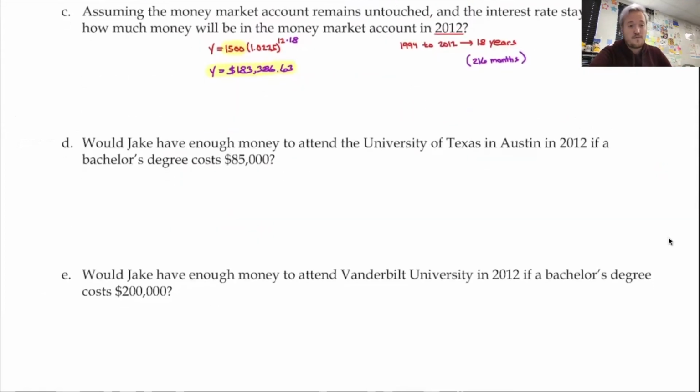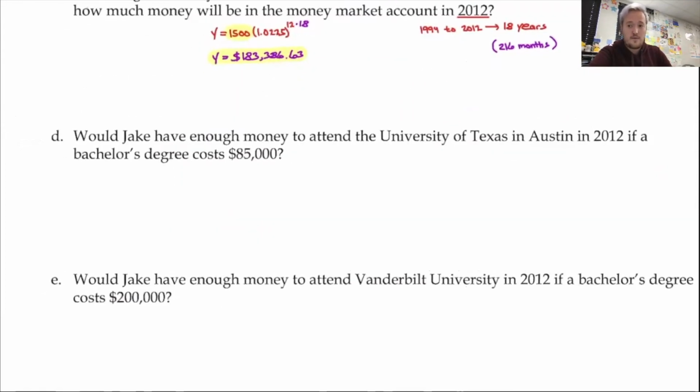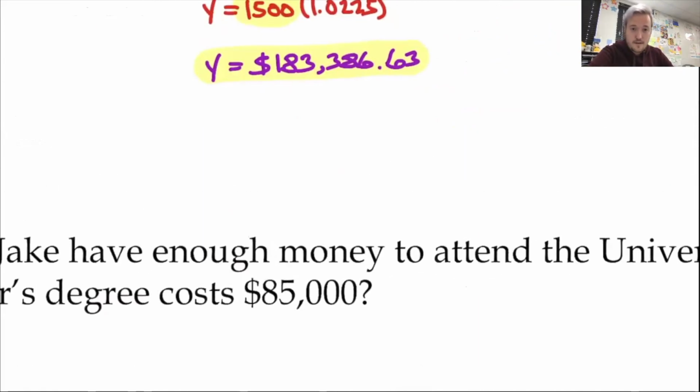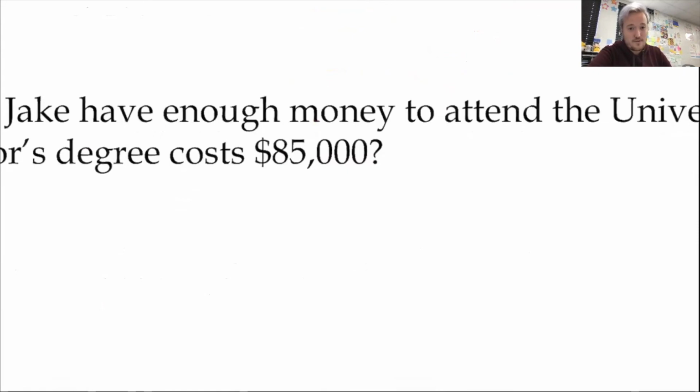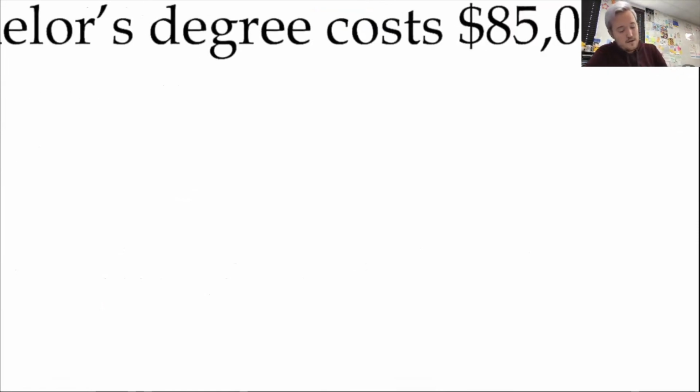Okay, so now we're analyzing the amount. Would Jake have enough money to attend the University of Texas in Austin in 2012 if a bachelor's degree cost $85,000? Well, he has $183,000 and the bachelor's here only costs $85,000. So yes, he would. You'd have more than enough. You can actually double major if you wanted to.